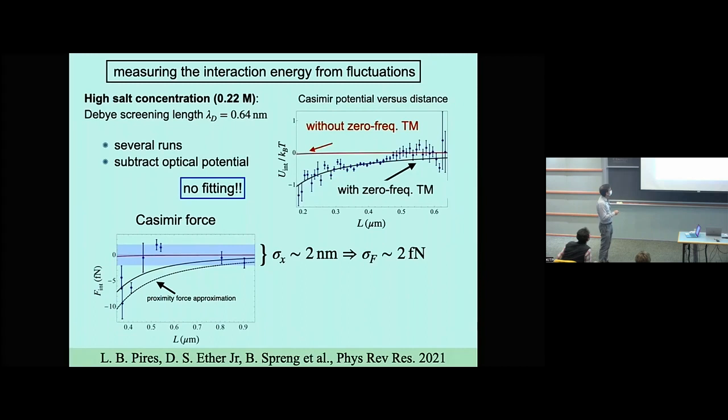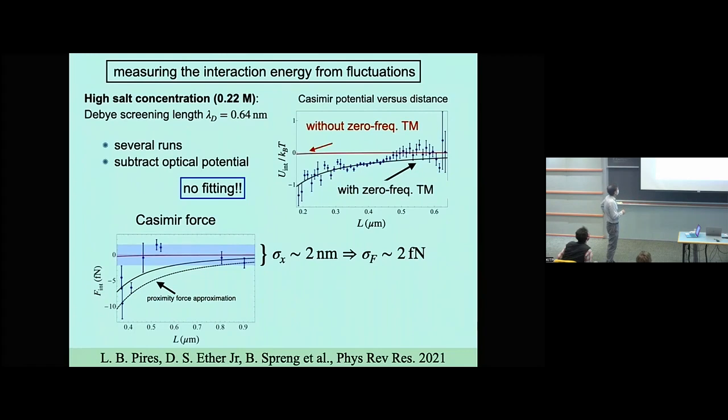This is the interaction potential here. So you see, with or without, it shows that the zero frequency is almost everything in this distance range, right? If I don't have the zero frequency contribution, I have this red line here, which is nearly zero on this scale. So I'm really in this thermal limit, or high temperature limit, if you prefer.